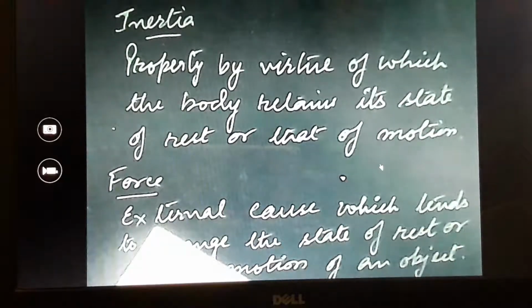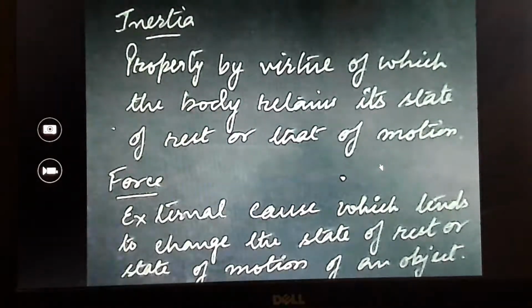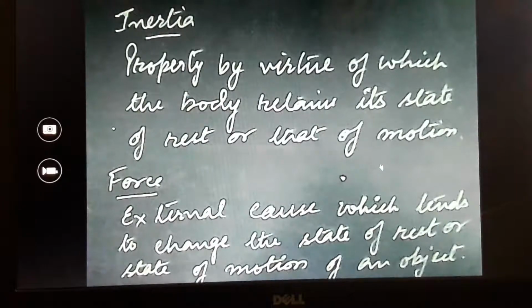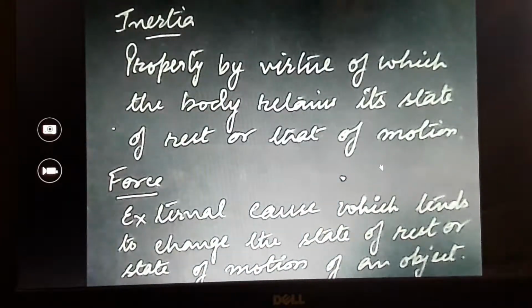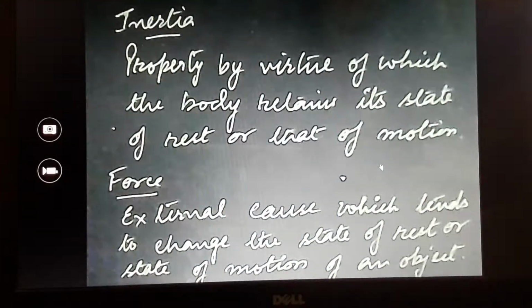Now let us discuss Newton's second law of motion. Right. So let's move ahead. Under Newton's second law of motion, we are going to talk about some of the related terms, and one of the related terms that we are going to discuss over here is momentum.